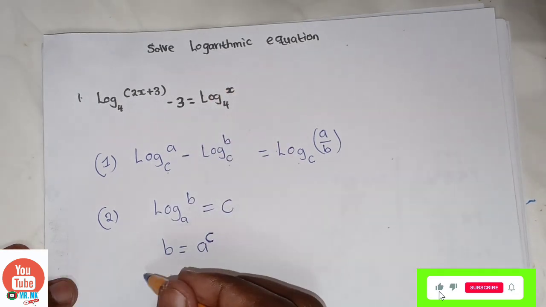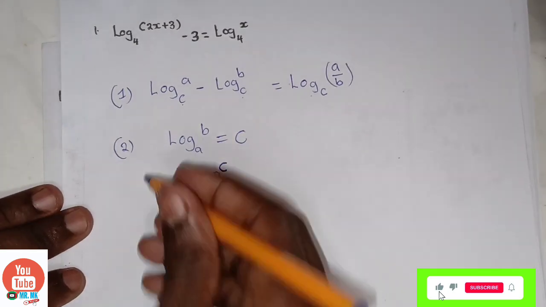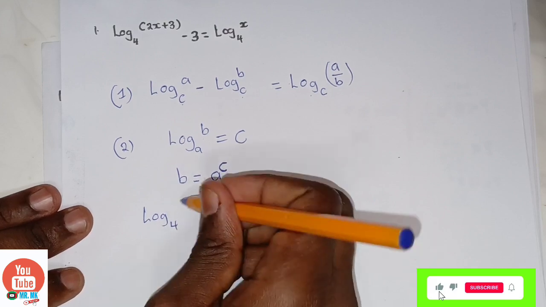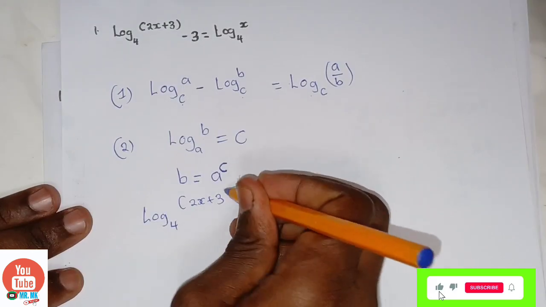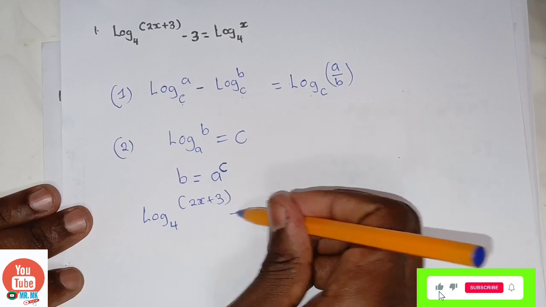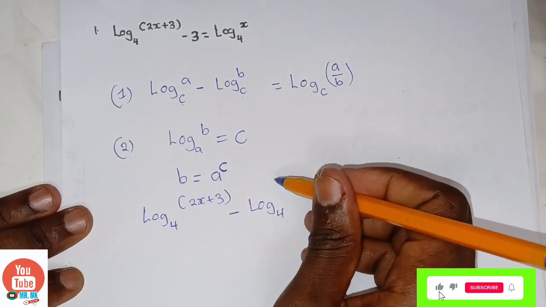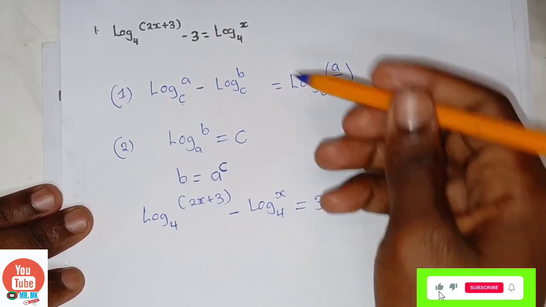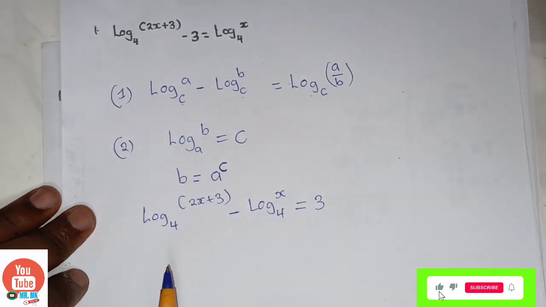Now it is just like log 4 of (2x + 3) minus log 4 of x is equal to 3. Negative, if it crosses to the other side, it will be a positive.